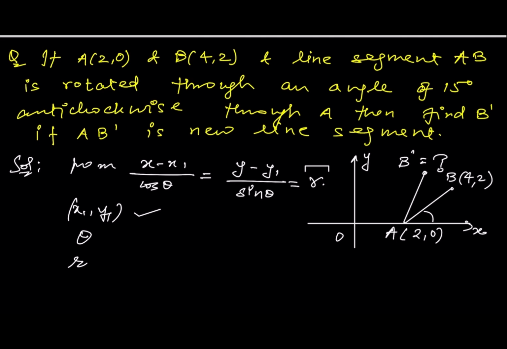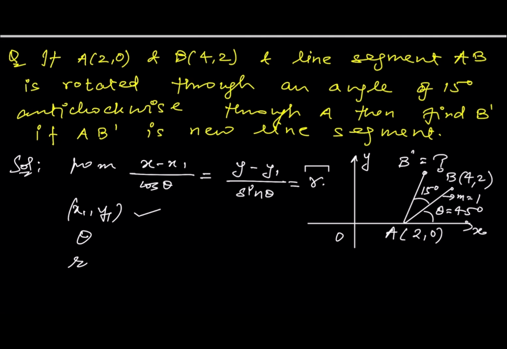So slope of AB is 2 minus 0 upon 4 minus 2, that is 1. So theta is 45 degree and this angle is 15 degree.